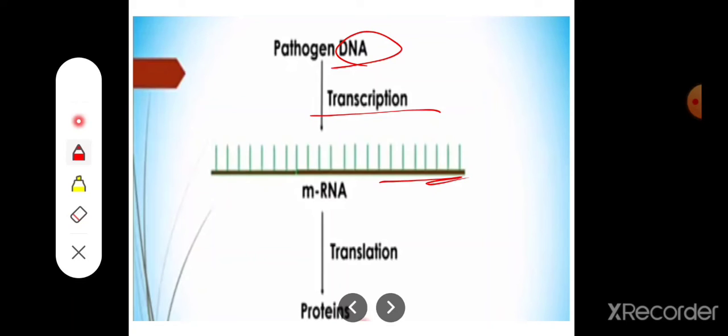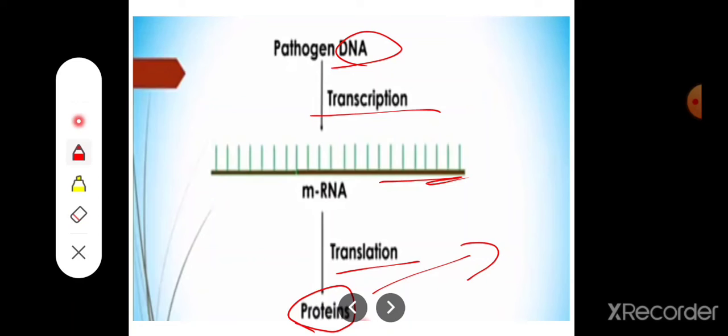This mRNA in turn will translate the information into protein, and these proteins are what get expressed in the living organism. Suppose my eye color is black: the gene coding for eye color will produce mRNA, and this mRNA will produce the protein which makes my eye color black.